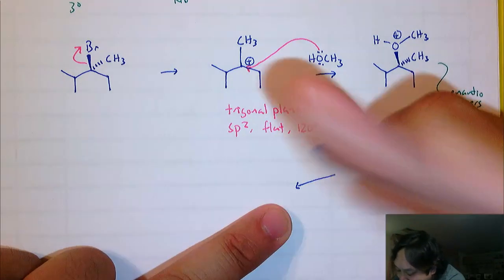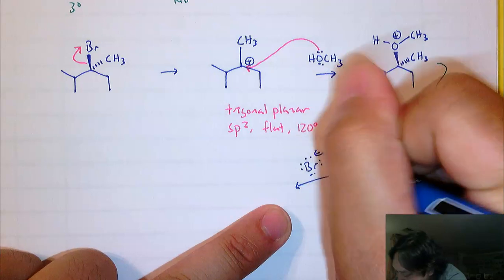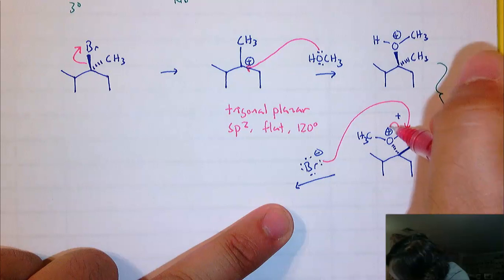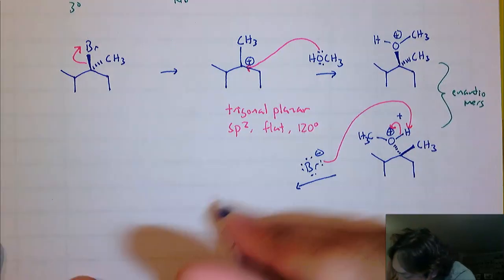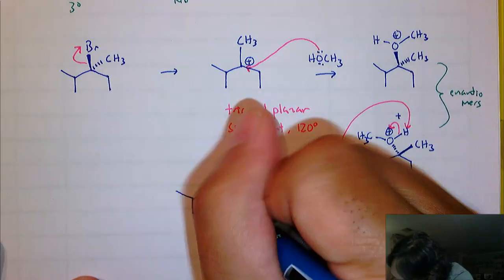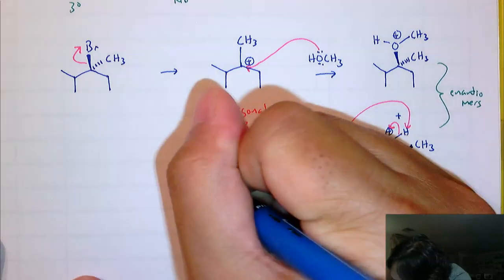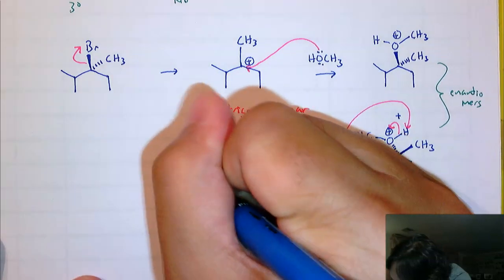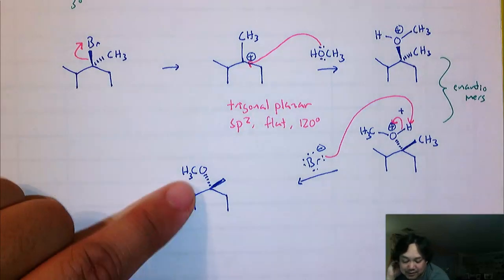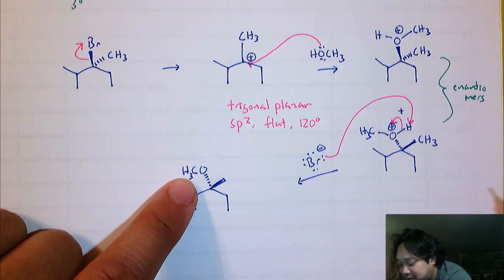We could deprotonate with the Br-. And we have this. So we have a methoxy group as the final nucleophile. This is the thing that substituted out the bromine.